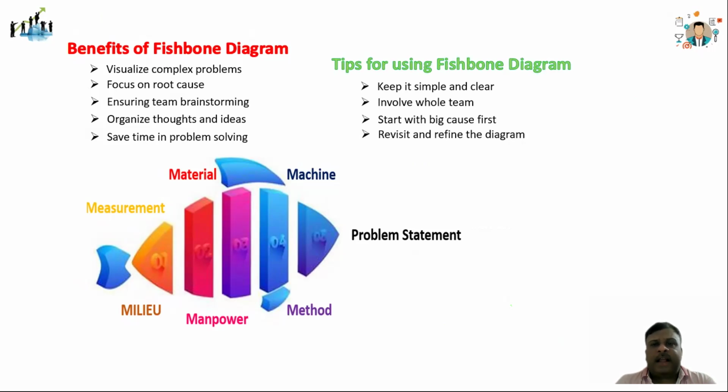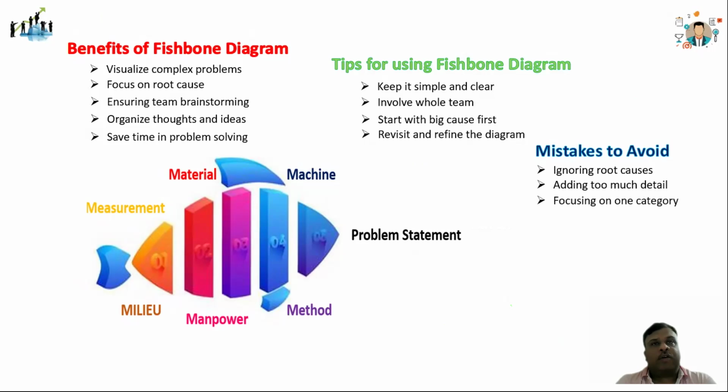Now, while creating the diagram, there are chances of making mistakes. Let's understand some mistakes that need to be avoided: ignoring root causes, adding too much detail, focusing on one category, skipping team involvement, jumping to conclusions.